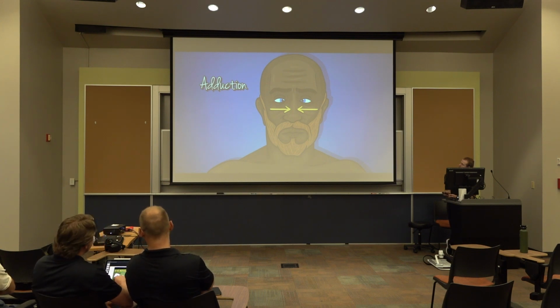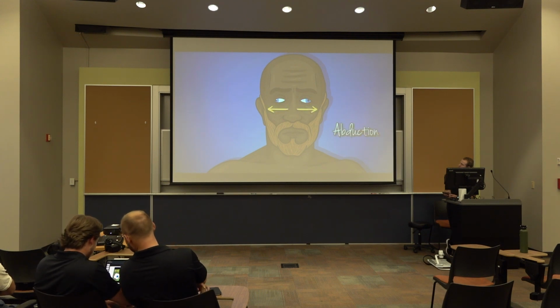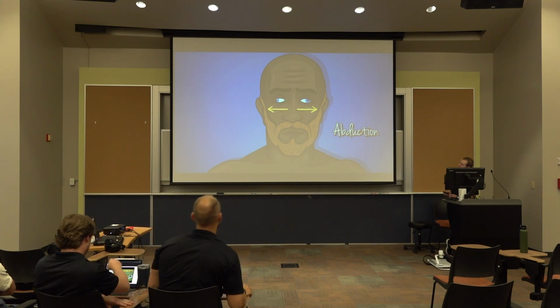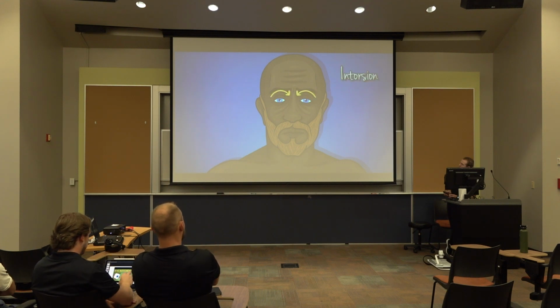Remember this as the pupil being added to the nose. In abduction, the pupil moves away from the nose. You can remember this as the pupil being abducted or taken away. Intorsion or internal rotation is the rotational movement of the eyeball towards the nose. Extorsion or external rotation is the rotation of the eyeball away from the nose.